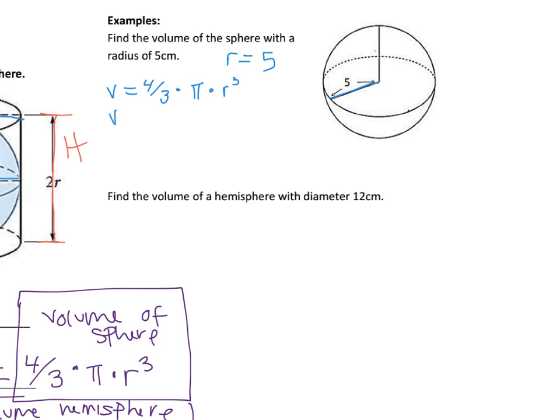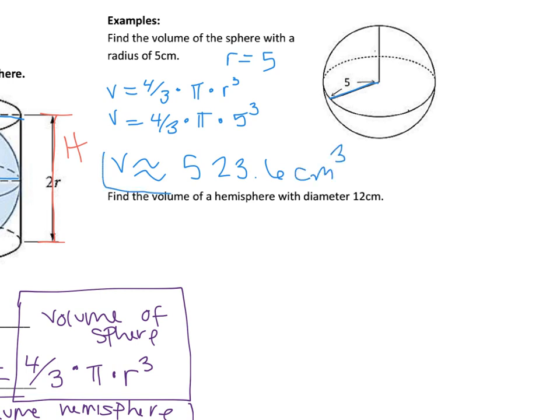So the volume equals 4/3 times pi times 5 cubed. Go ahead and type that in your calculator and see if you get the same thing that I do. I'm going to use some squiggly lines here, so the volume is about 523.6 centimeters, and volume is cubed. So hopefully you got the same thing that I did.